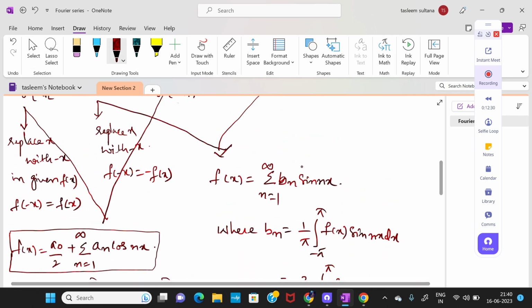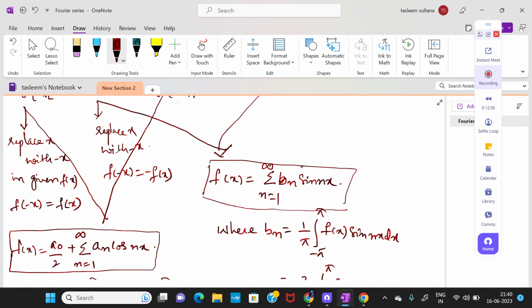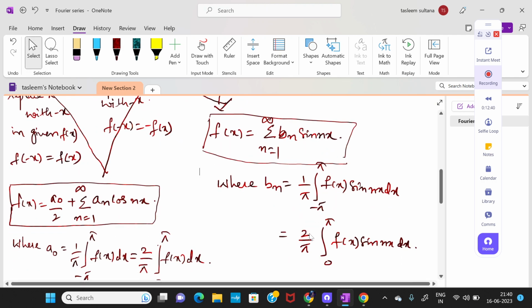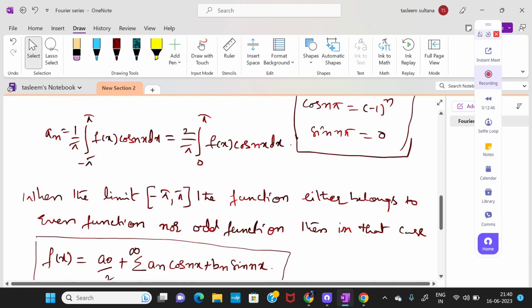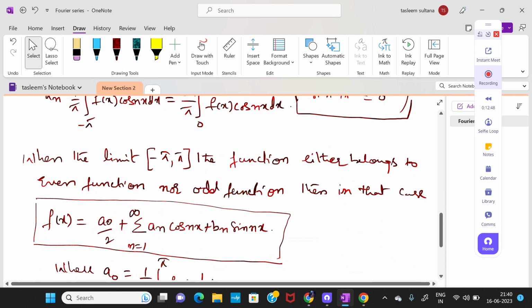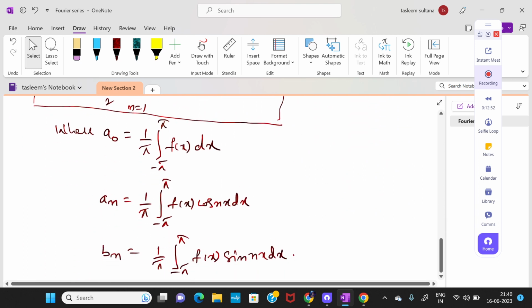The formula is f of x is equals to summation n is equals to 1 to infinity bn sin nx, where your bn is equals to 2 by pi integrating 0 to pi f of x sin nx into dx. And when it is neither an odd function nor an even function, then you have to find a naught, you have to find an, and bn you have to find.